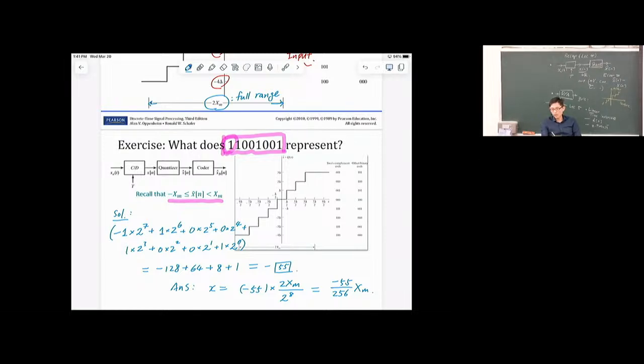That's what this sequence represents back in the analog domain. It may have a unit depending on our full range. The full scale xm, is it in the unit of volt? Is it in the unit of centimeter? Is it in the unit of Celsius?